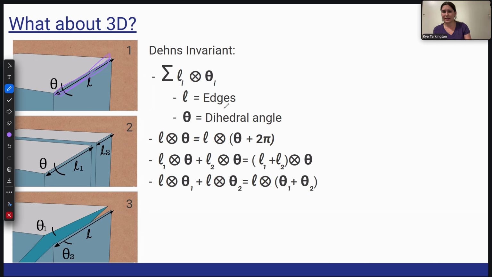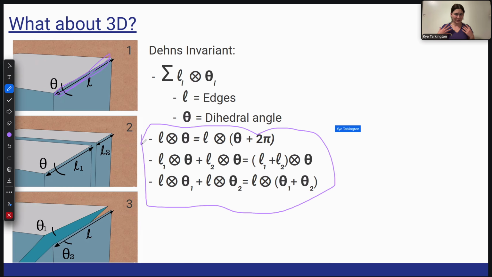And then this theta, it's not really an angle, it's a dihedral angle, so it's a little different to compute too. And you can't really multiply or add an edge and an angle, right? So it's not really multiplying or adding. It's just a relationship that we're not going to get into right now. But this relationship is bound by these sets of rules right here, and this allows us to simplify our Dehn invariant.